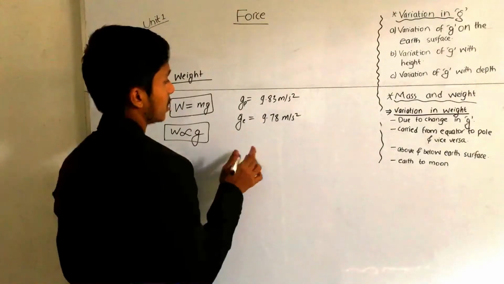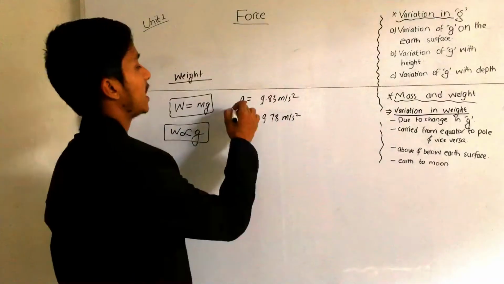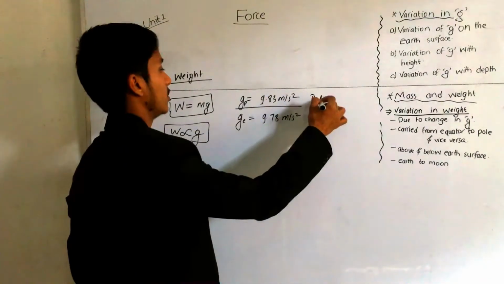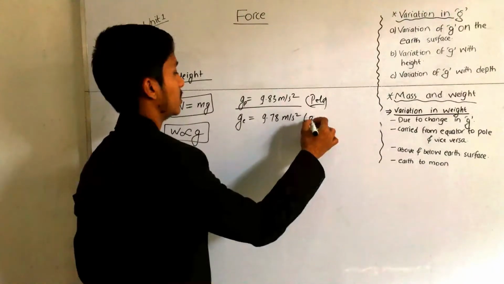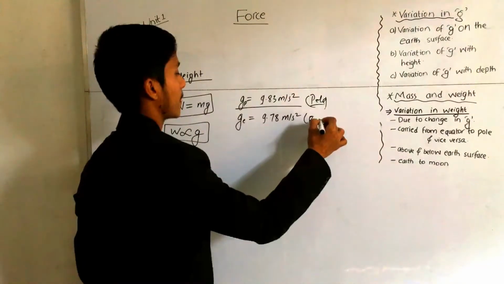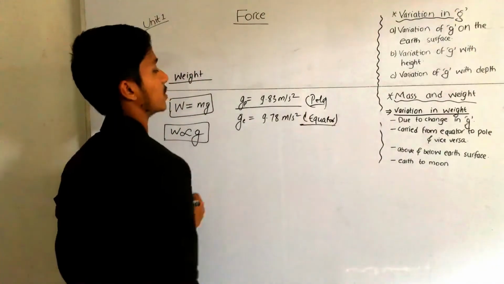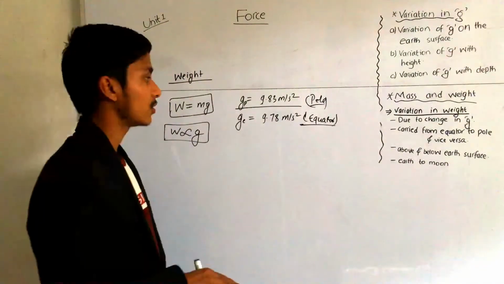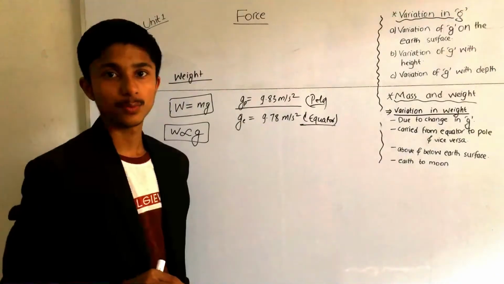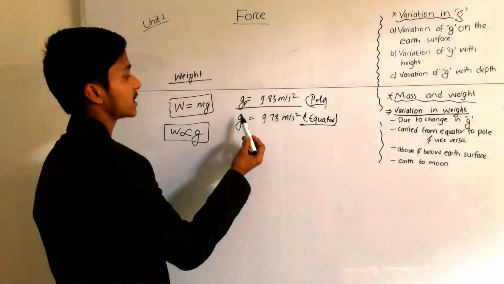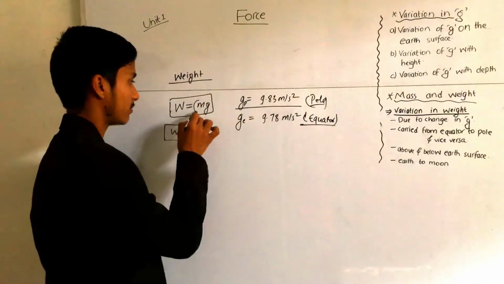It means the value of g is maximum at the pole, and less at the equator. So we can conclude the weight will be maximum at the pole because the value of acceleration due to gravity is more. Here mass is constant.